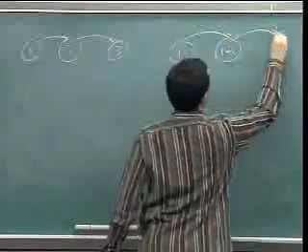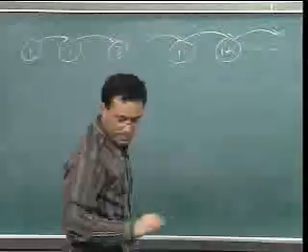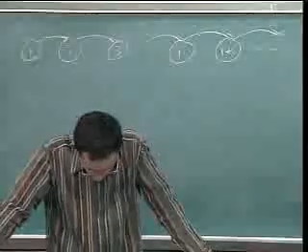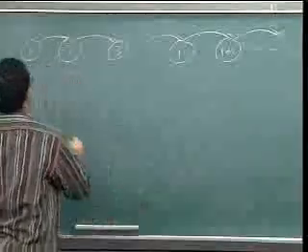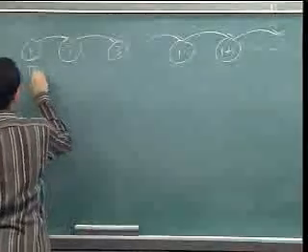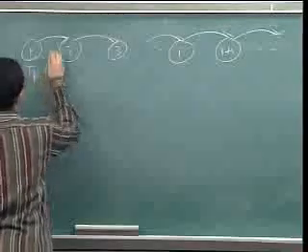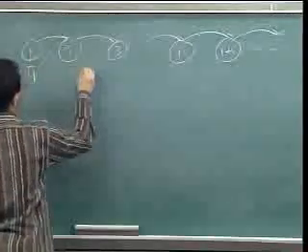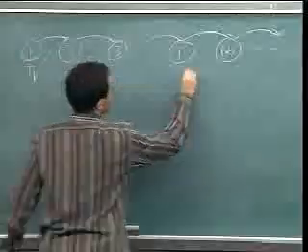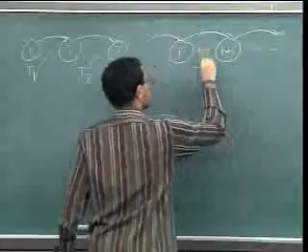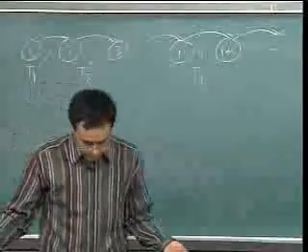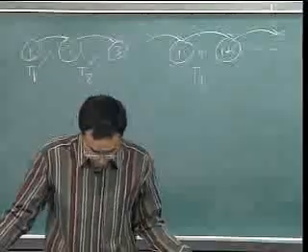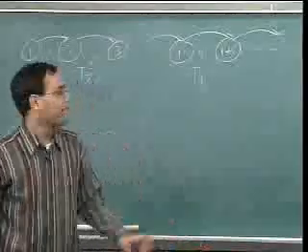Now, Ti is the time, so T1 is the time that it takes going from here to here. T2 is this. Ti is the time that you go. First, argue that these are independent exponentials with rate lambda i.